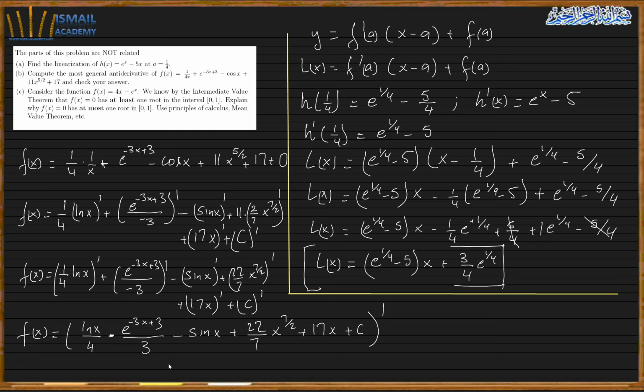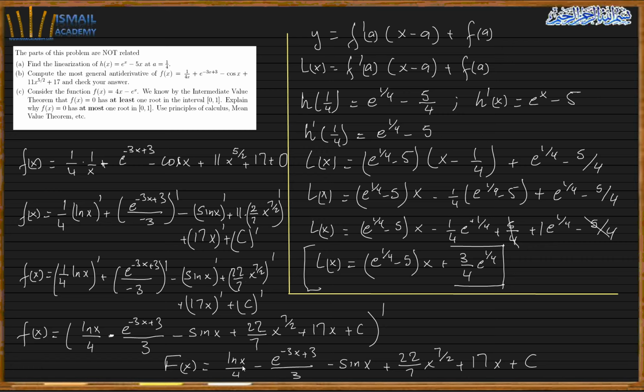So my answer will be f of x is ln of x over 4 minus e to the minus 3x plus 3 over 3 minus sine x plus 22 over 7 x to the 7 halves plus 17x plus c. So this is how to find the antiderivative if we don't use integration.